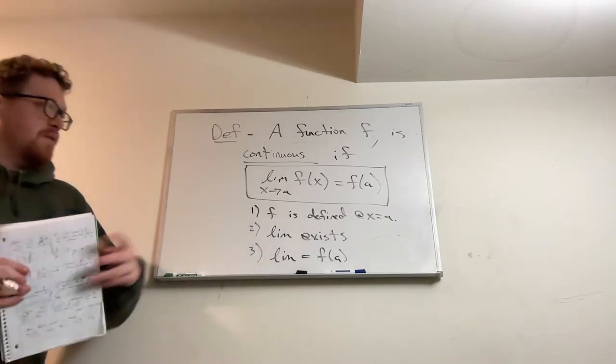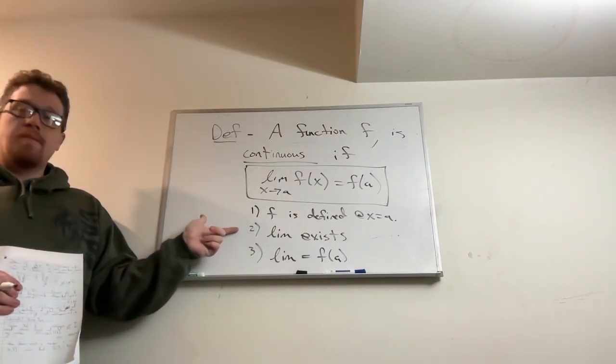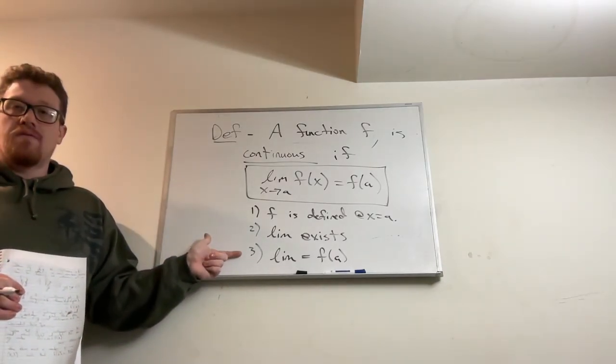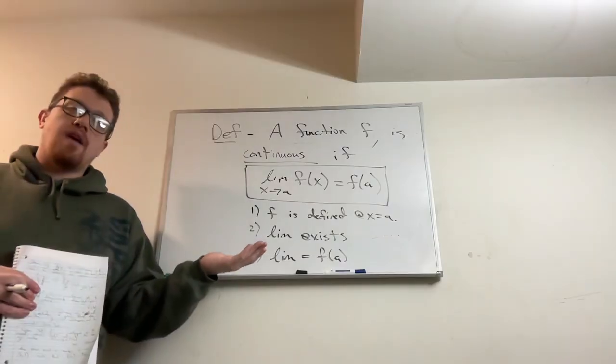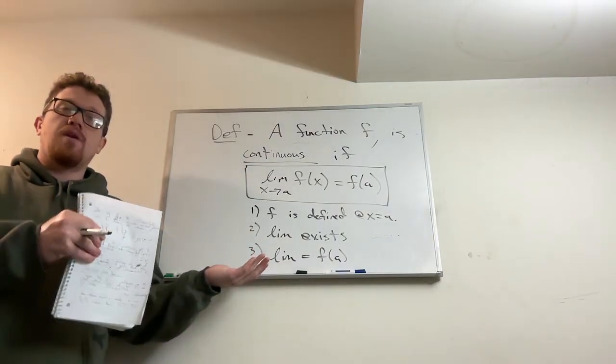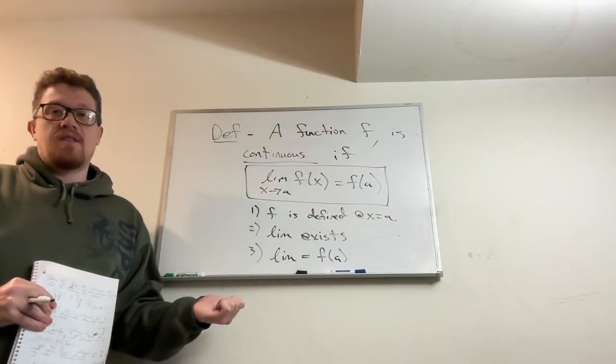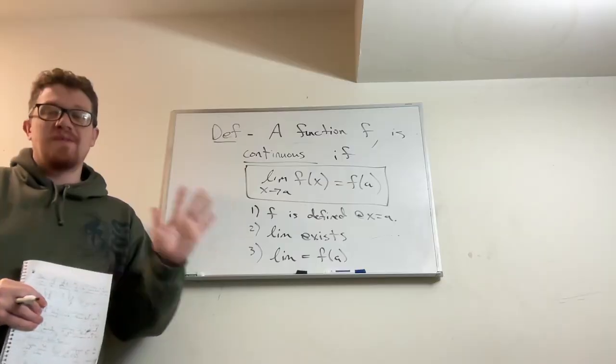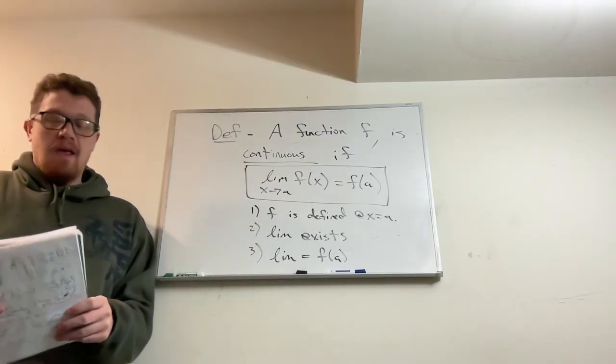And it's possible for the function to be defined there, the limit to exist, but it not be equal to the function. For instance, you could have a jump discontinuity. Sorry, it's not removable. It's a jump discontinuity, right?